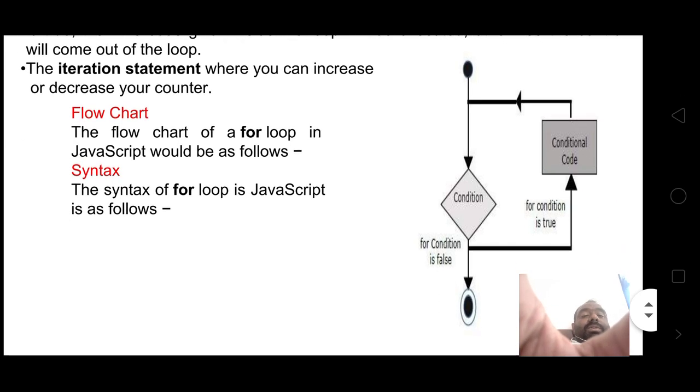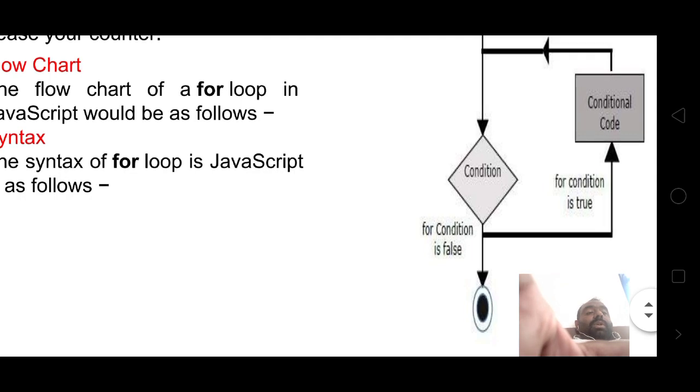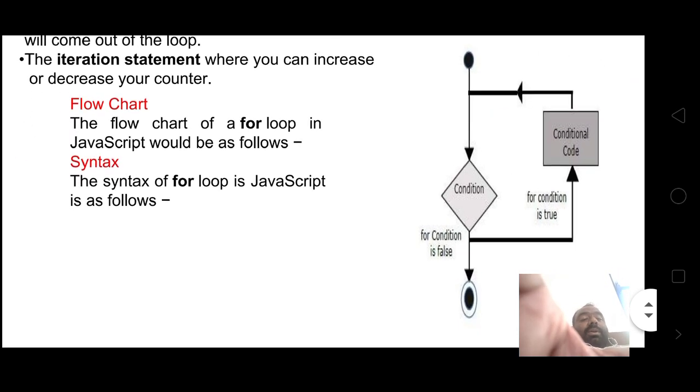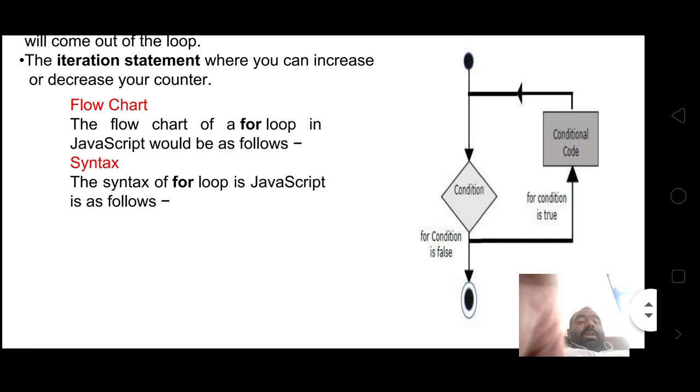Here you may see the flowchart for the for loop. If the condition is true, then the conditional code executes, and then the condition is checked again.